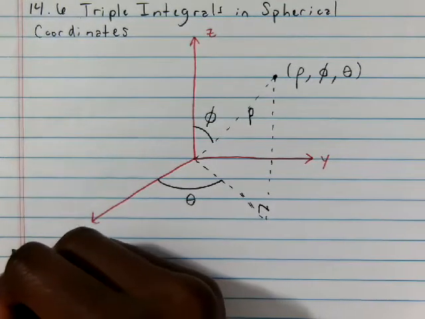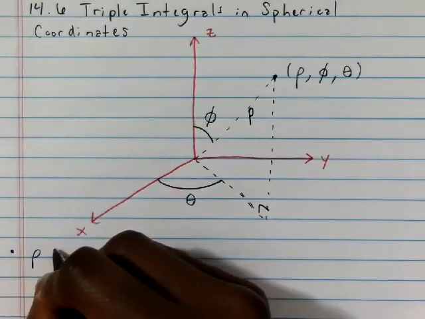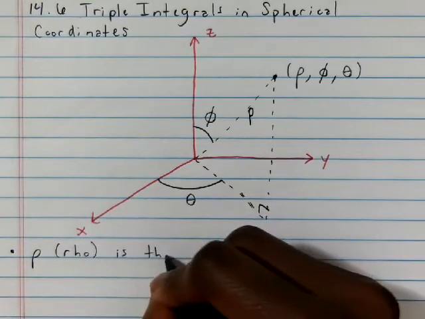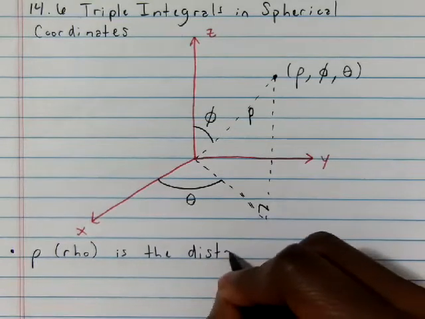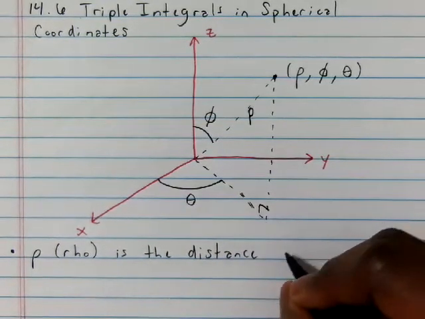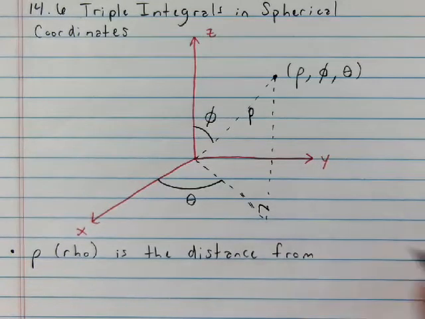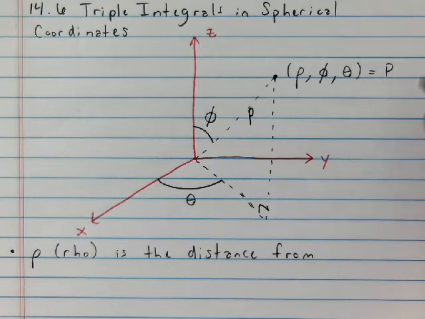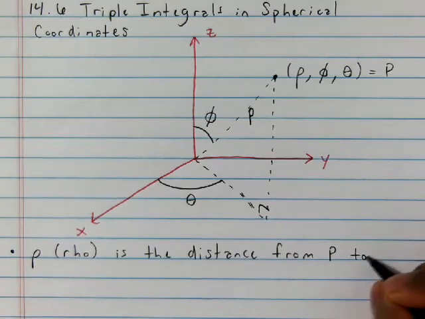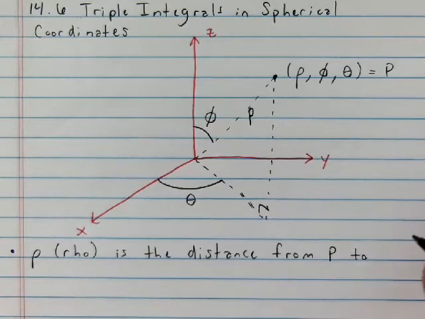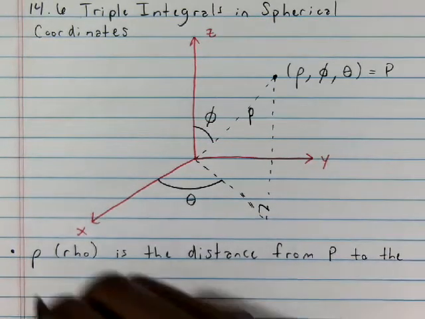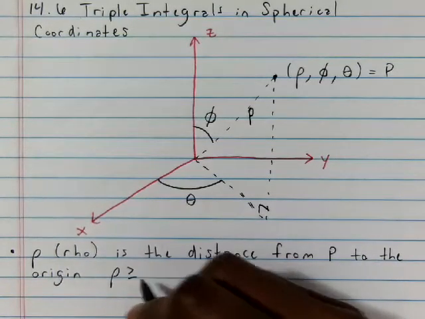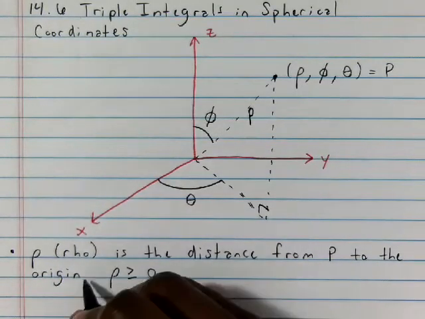So rho is the distance from, let's call our point P, from P to the origin. And rho always has to be greater than or equal to 0.